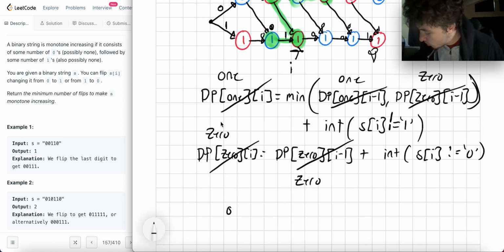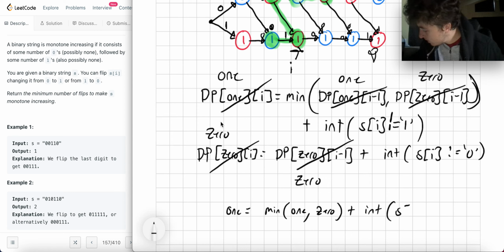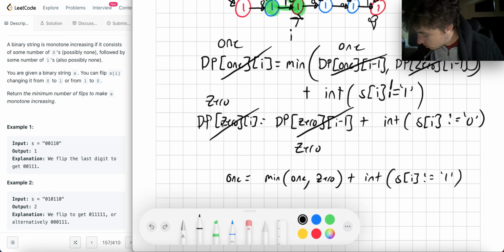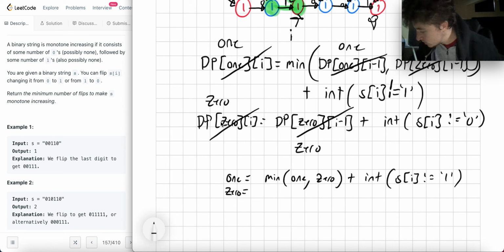I just say, well, 1 equals the min of 1 and 0 plus int of s[i] not equal 1. And 0 equals 0, whatever 0 was before, plus int of s[i] not equal 0.